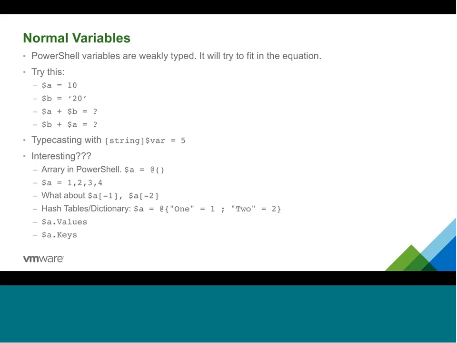So what happens with the example that I have given? Anyone can tell me: $A equals 10, which is an integer, and then $B equals 20, which is a character or string, you can say. So when I say $A plus $B, what will happen? And the other way around. Any answer?